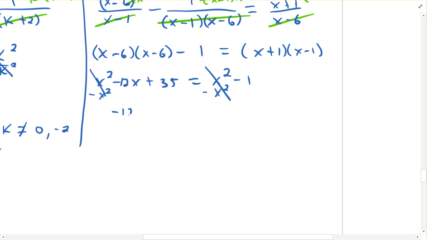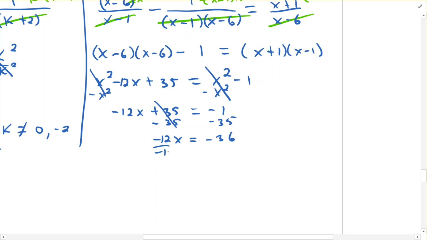So now I've got negative 12x plus 35 is equal to negative 1. I'm going to subtract 35 from both sides. So I've got negative 12x is equal to negative 36.